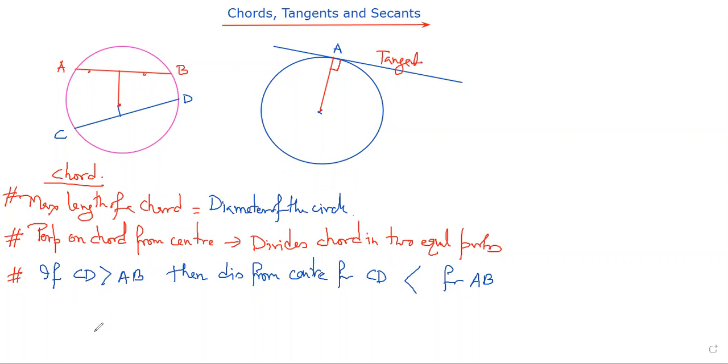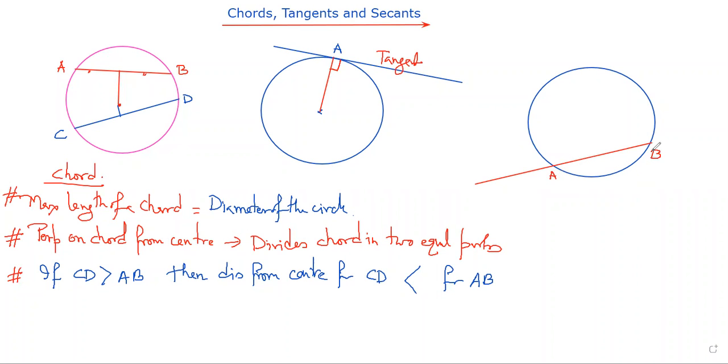Next, another circle I am drawing to show you secant. Let's say this is another circle I have drawn, and I want to draw one line. What is that line? Part of the line is basically chord AB.